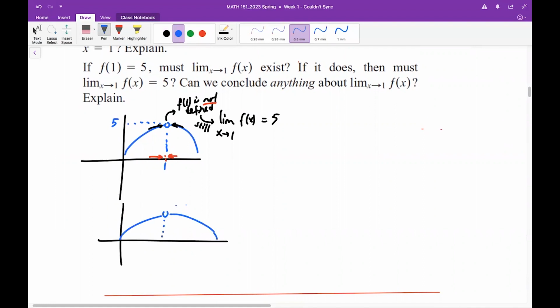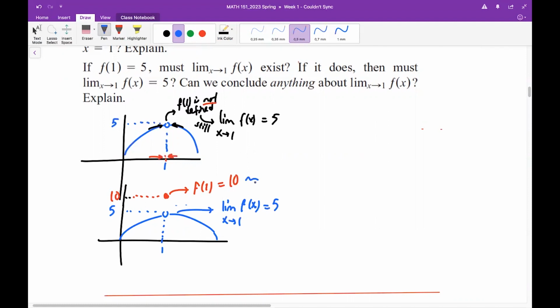No, I don't need to, because I can put this dot not here but here, for example, and it won't violate limit being 5, right? Let's say this point is 10. Now, I defined f at 1 as 10, but still, this limit information is valid. Still, limit of our function as x goes to 1 is 5.